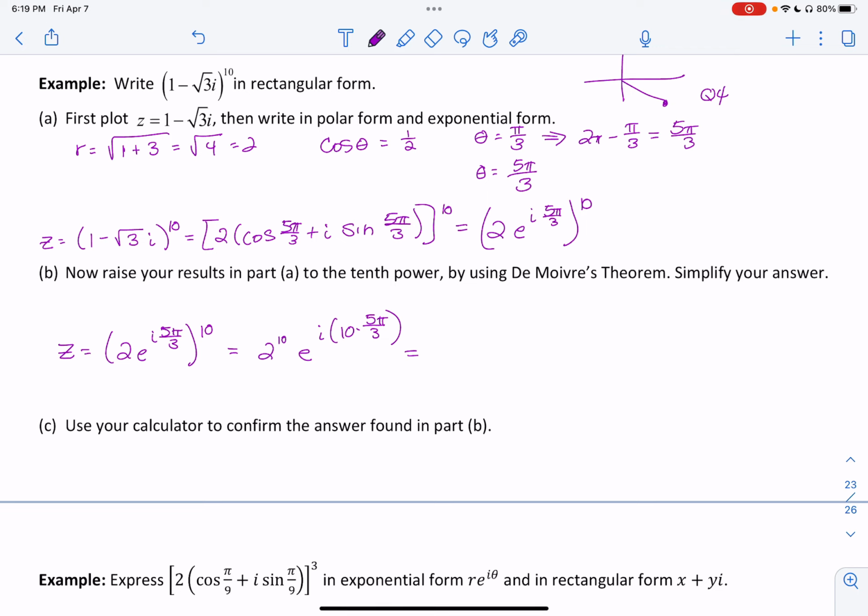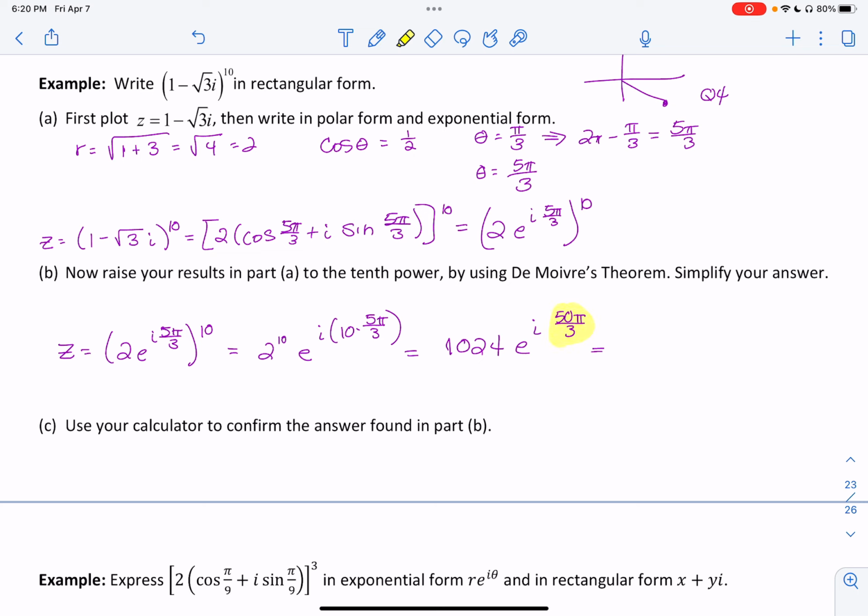If I look at 2 to the 10, I end up with 1024. And e to the i 50 pi over 3, well, over my 2 pi, right? So if I continue to subtract off 2 pi, this is way too big.